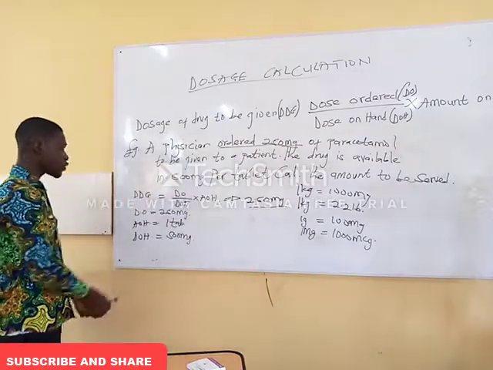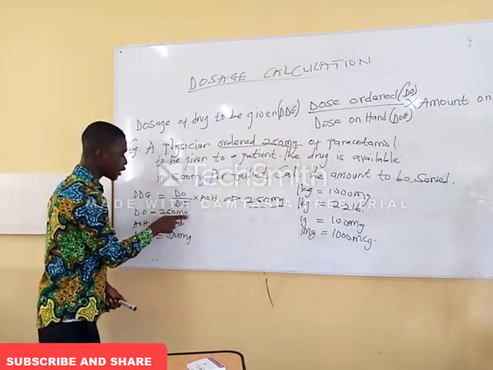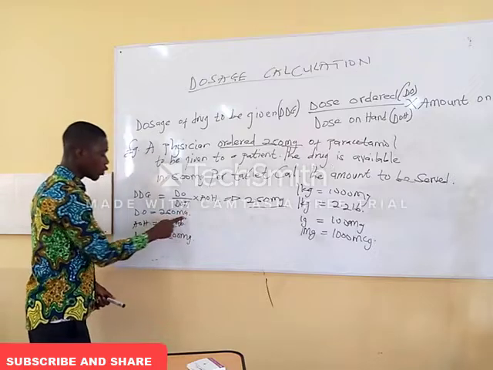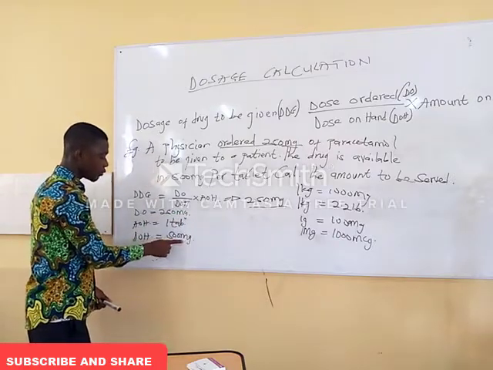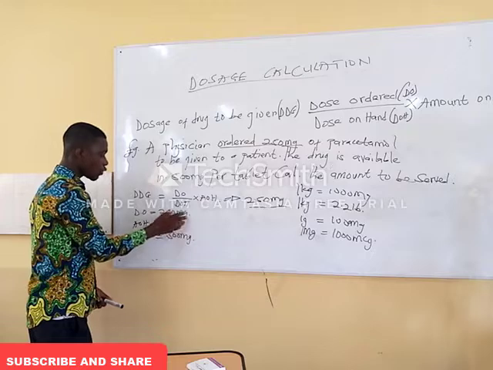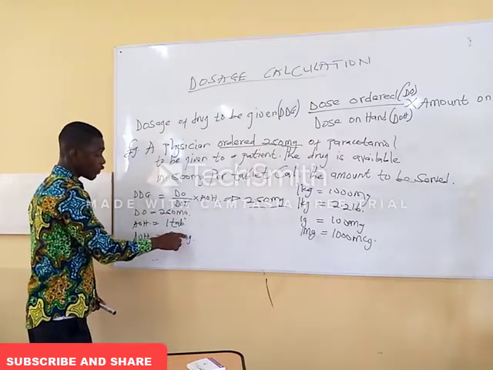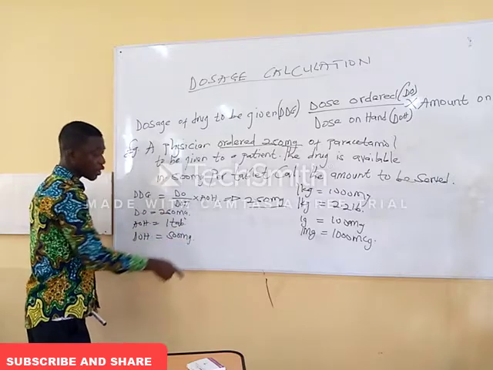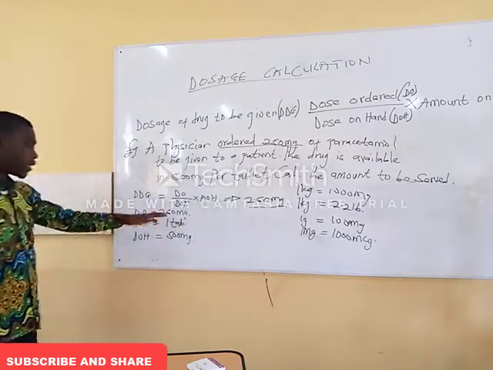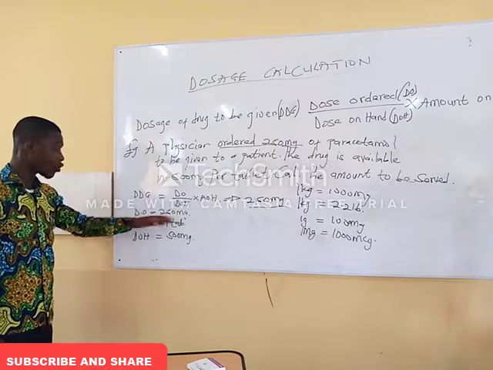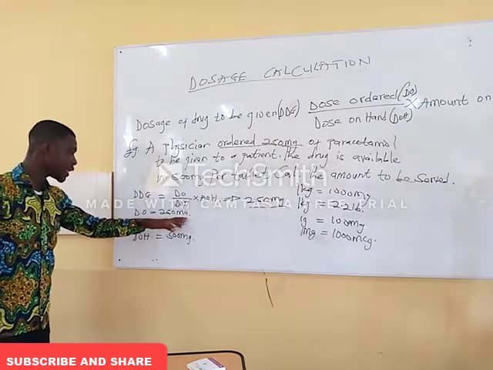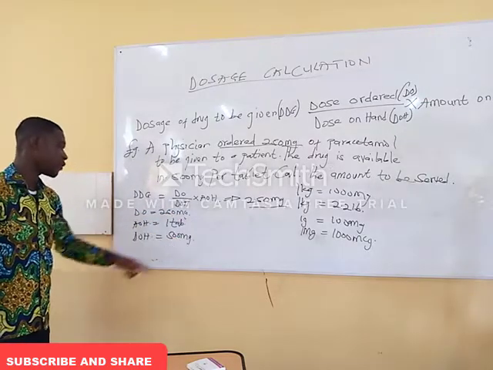So let's say this one was in kilogram and this one too is milligram, you can either convert all of this to kilogram, or you can convert the kilogram to milligram. So you look at the values here. But for this question, all the units here are in milligram.